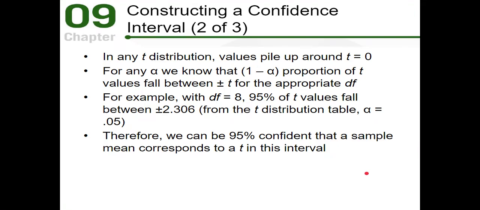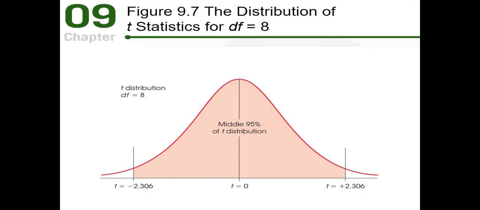The proportion of the t-values are going to fall between plus or minus t for the appropriate degrees of freedom. And you can see that example, which we can be 95% confident that a sample mean corresponds to that t in that interval. If we look at figure 9.7, we can see the distribution of the t statistics for the degrees of freedom, which are 8.